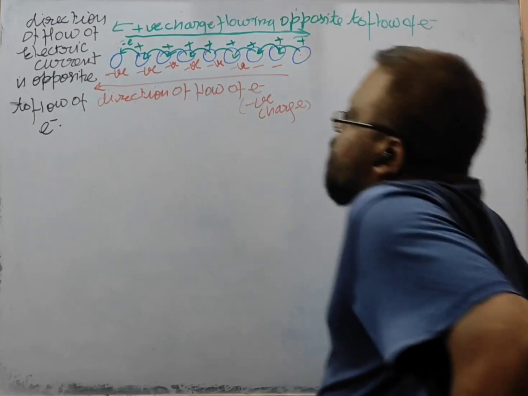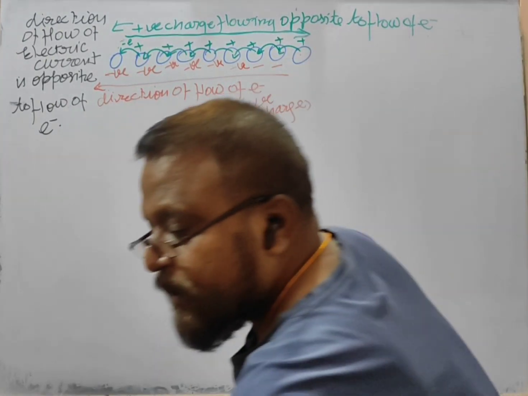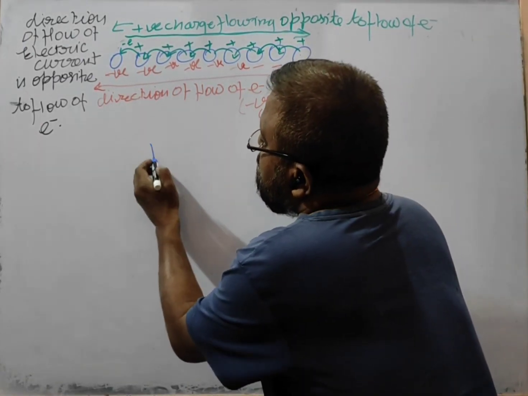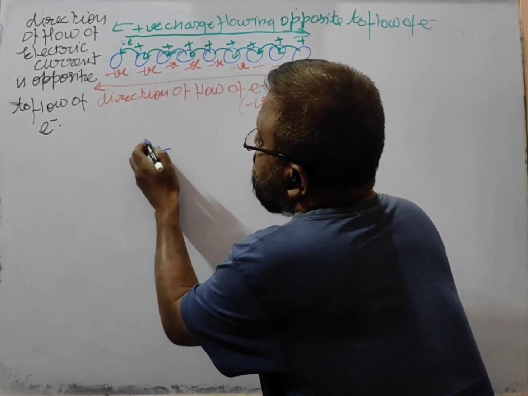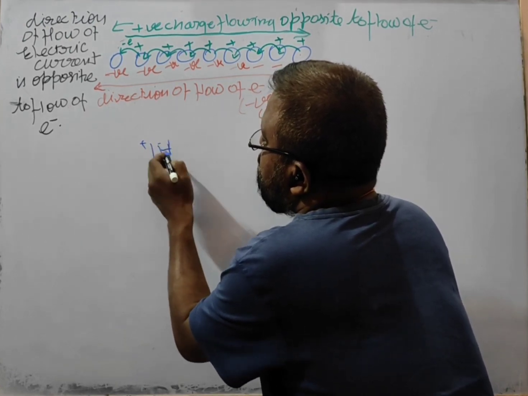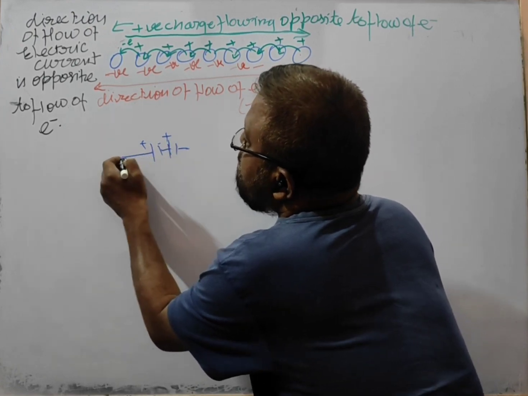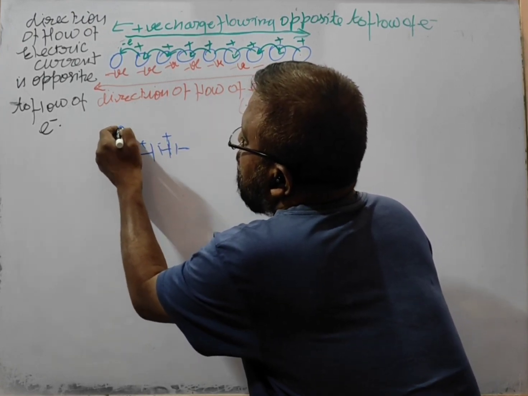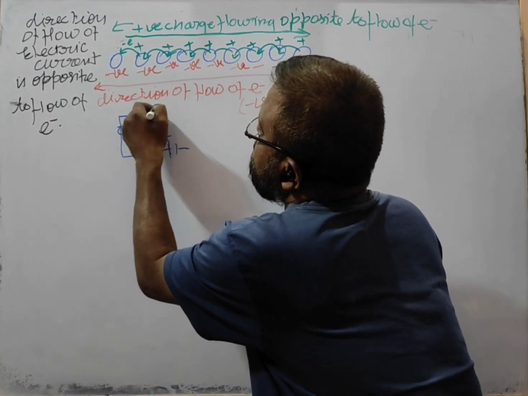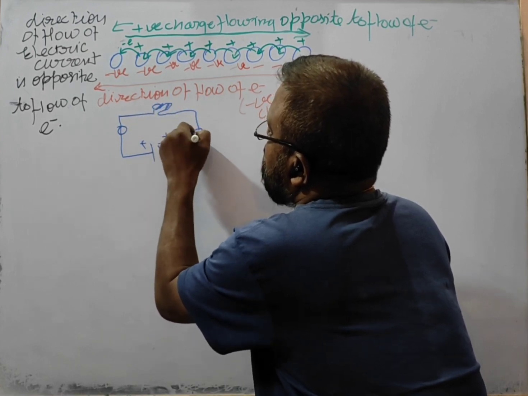in a circuit, if we take a small circuit, draw a diagram of a small circuit. There is a battery with its positive terminal and negative terminal, an ammeter, and a resistance, and then we have a key like this.